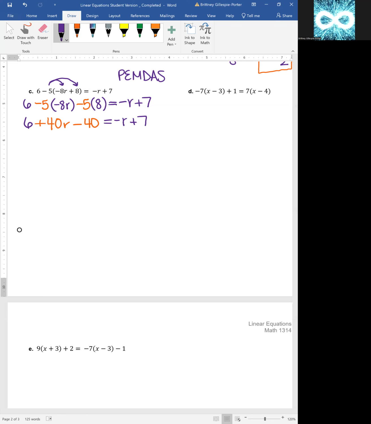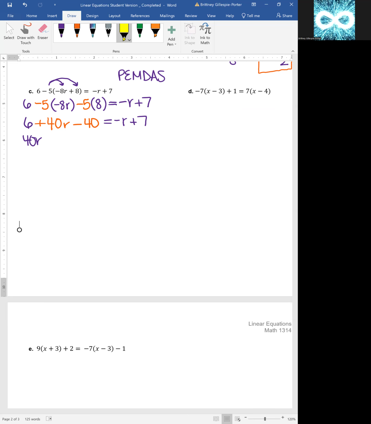We need to figure out our like terms on either side. Okay. On the left-hand side, since we have 3 terms, we're hoping that we have some like terms. Notice that our 40r is the only guy with an r on the left. So we're going to leave him alone.